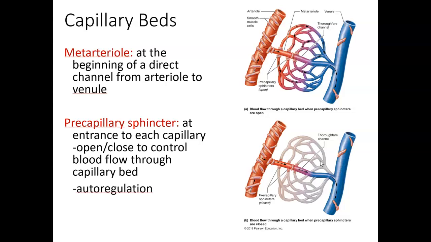You don't have to think about this, and we'll talk about the factors that might close or open the sphincters. When the precapillary sphincters are all open, blood is allowed to flow into the true capillaries. So we call these true capillaries. This is the capillary bed or capillary network when the blood is flowing through them, and we have this tissue perfusion.